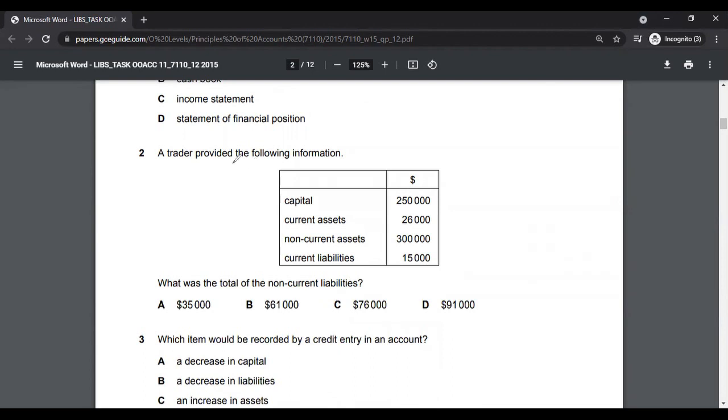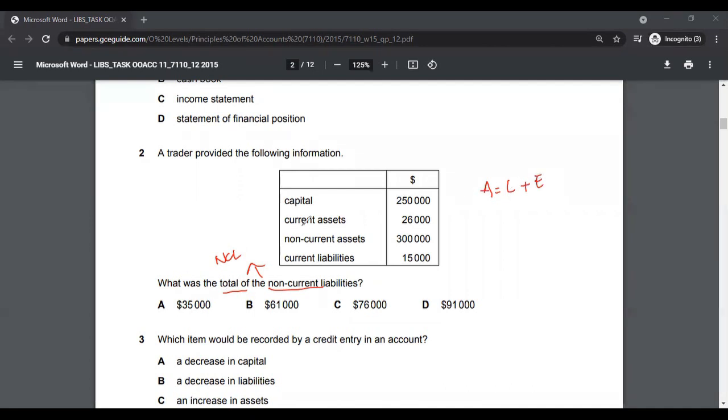Multiple choice 2, a trader provided the following information. What was the total of non-current liabilities? So here, basically, you need to calculate the total of non-current liabilities using the accounting equation, that is assets equal to liabilities plus equity. So you have been given capital, which is basically equity, then you have current assets, non-current assets, and then current liabilities. So you can have a total of assets here, right? So 300,000 plus the 26,000, this will give you the total assets.